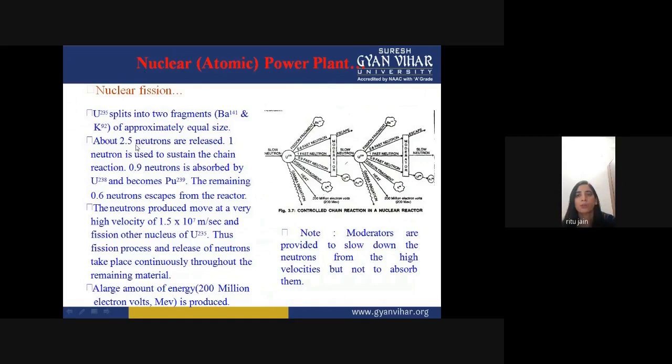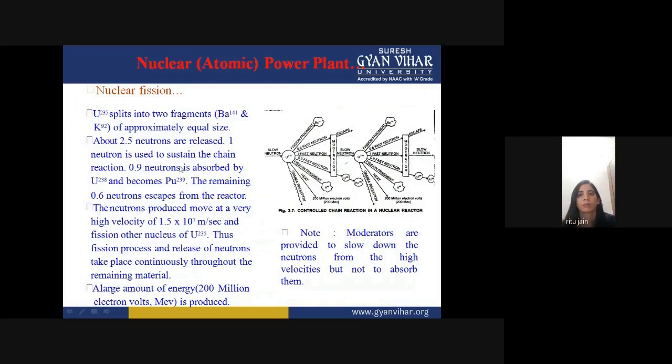About 2.5 neutrons are released. One neutron is used to sustain the chain reaction, and 0.9 neutrons are absorbed by uranium 238 and become Pu239. The remaining 0.6 neutrons escape from the reactor.